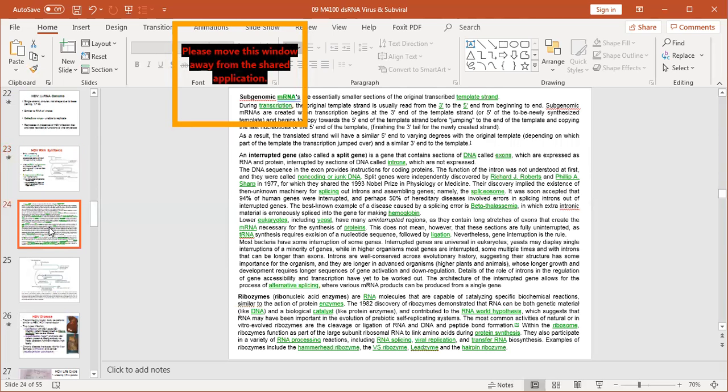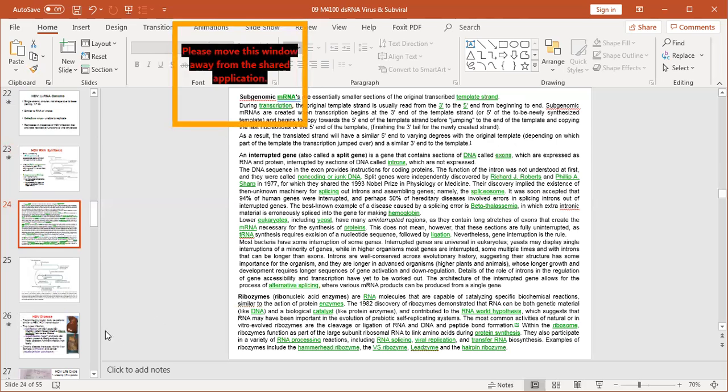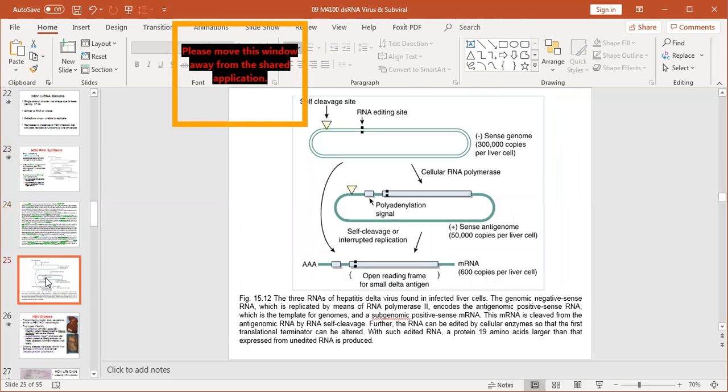On slide number 24, I have discussed subgenomic messenger RNAs. For those of you who may have forgotten about some of these concepts, exons, introns, transcription, template, ligation, etc., I would strongly recommend looking at this slide.